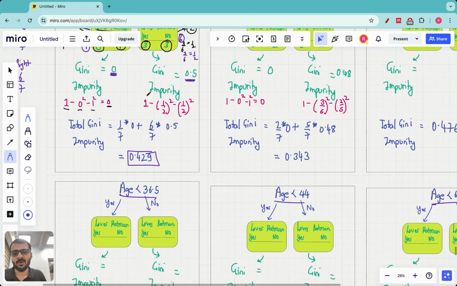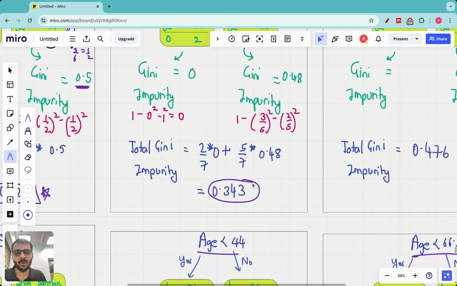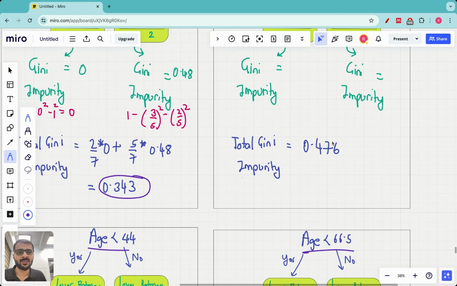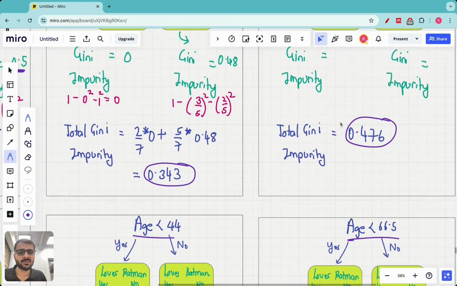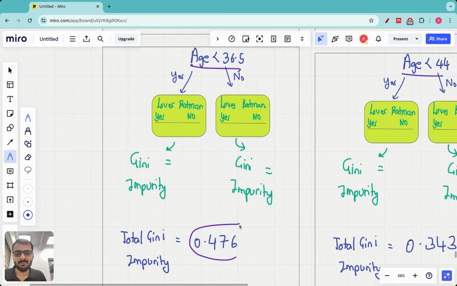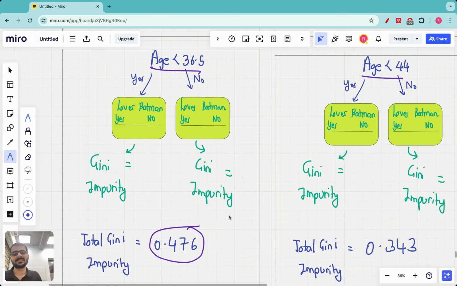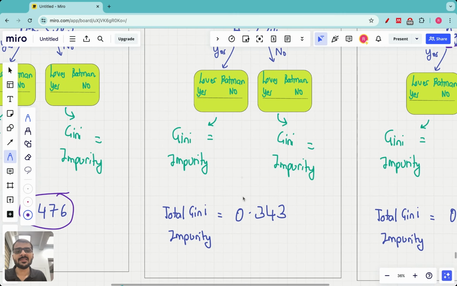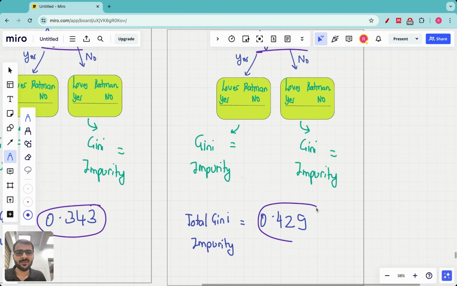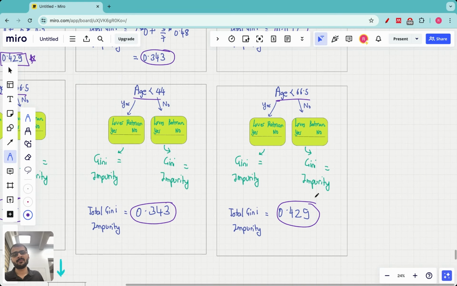For age less than 15, it comes out to be 0.343. For age less than 26.5, it is 0.476. For age less than 36.5, it is 0.476. For age less than 44, it is 0.343, and for age less than 66.5, it is 0.429.